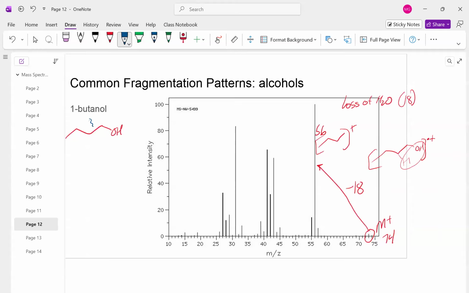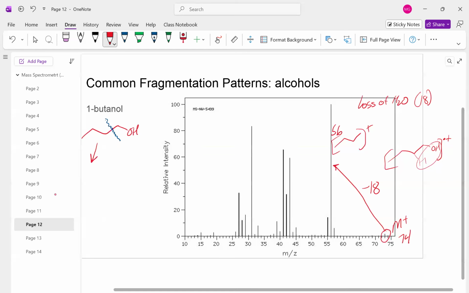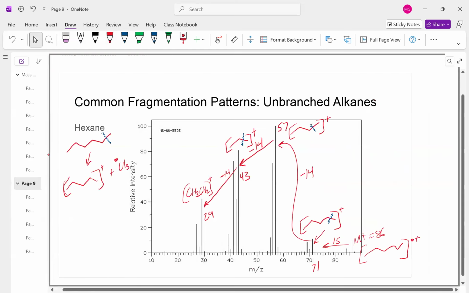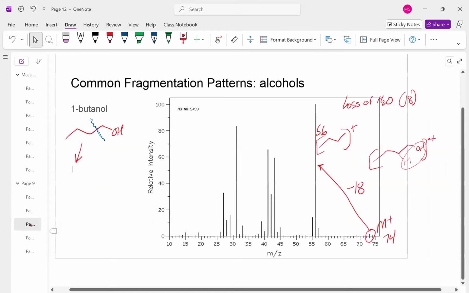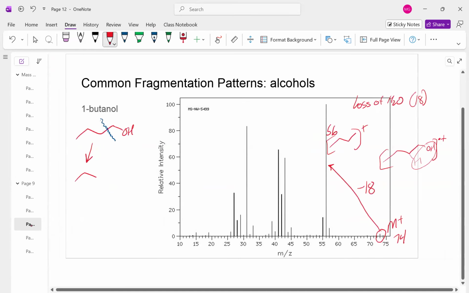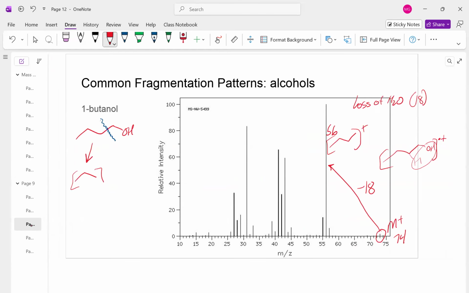So again, I'm going to break that, and I could end up with this cation and this radical, which I don't care about, or I could end up with this radical, which again, I don't care about, and this cation.